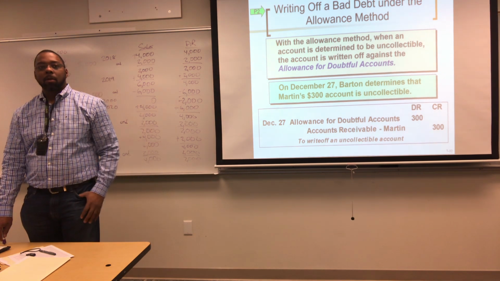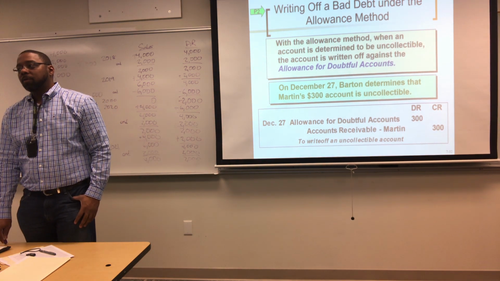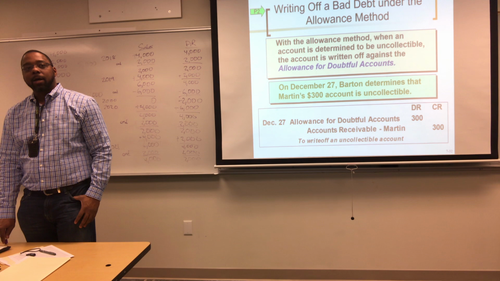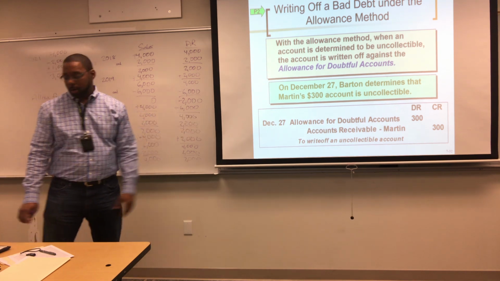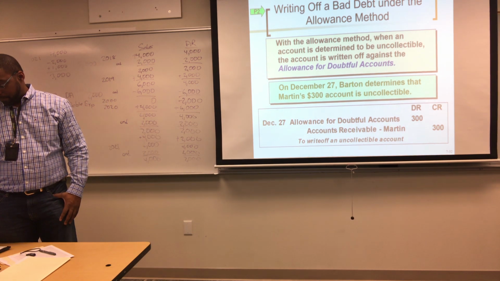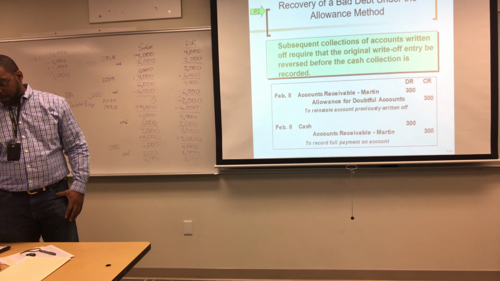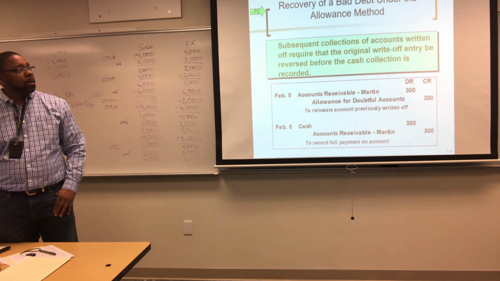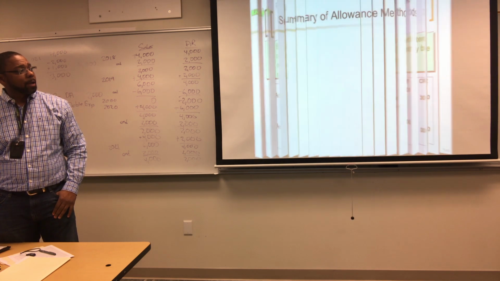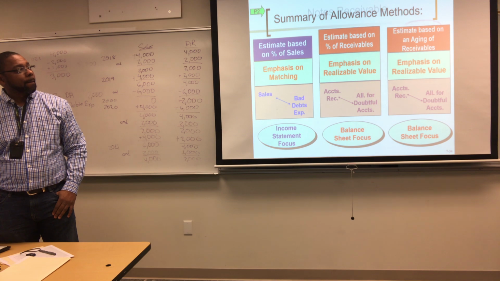Everybody with me? We're not going into the expense account every time someone is written off now. We're going into the allowance account. And we discussed recovery, so I'm not going to do that again. We've done one recovery.